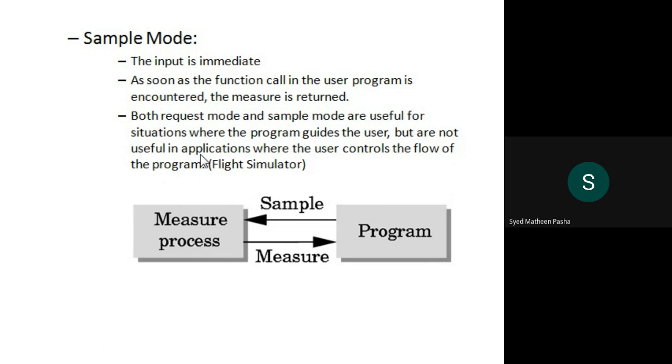Whenever the program is giving instructions to the user, I can use request as well as sample mode. But these requests are not used in applications where the user controls the flow of programs, that is, wherever the user is using the program for his own application. So this is the advantage as well as disadvantage of sample as well as request mode.